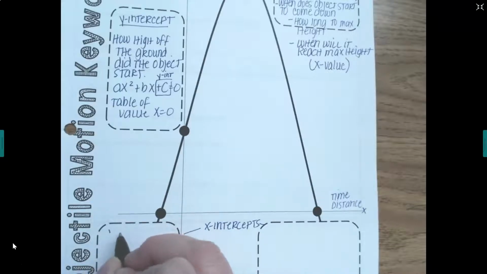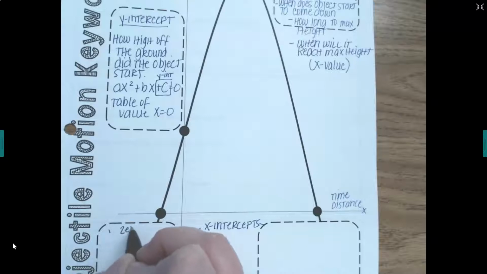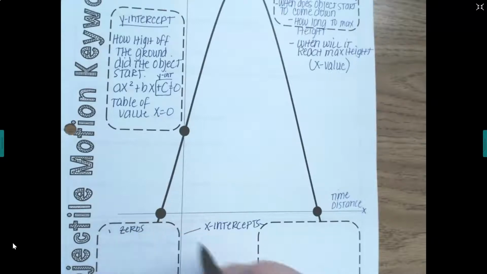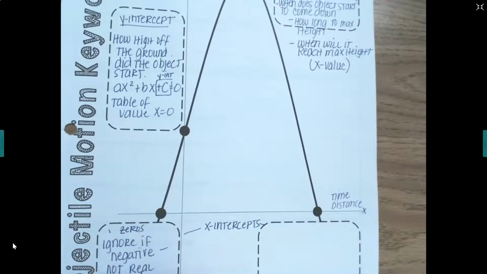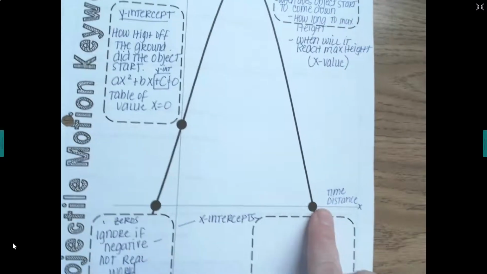So this x-intercept, remember, these could also be called zeros. We're going to ignore it if negative because that is not in the real world. Now remember, we can have two of them.